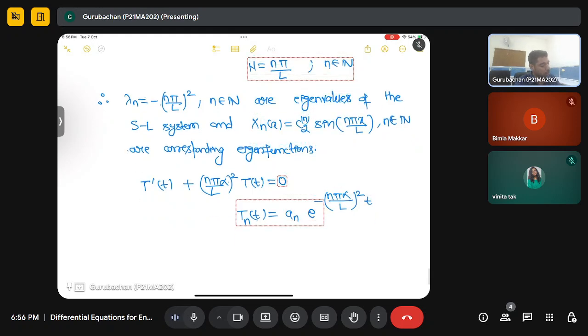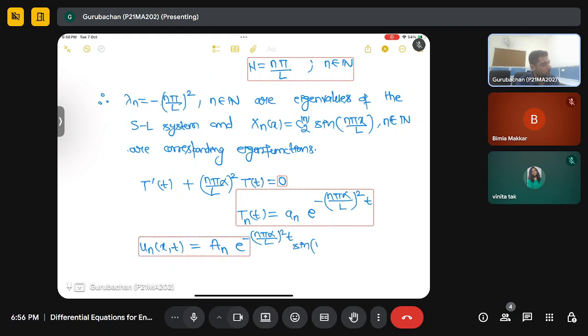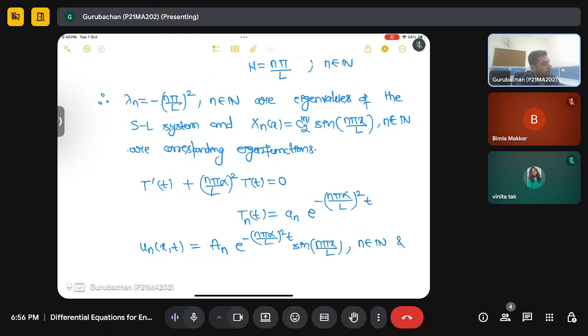So multiplying these, you will get u n of x, t as capital An, e to the power minus (n pi alpha by L) square t, sin n pi x by L, where n is a natural number and capital An is the product of C2 and small a.